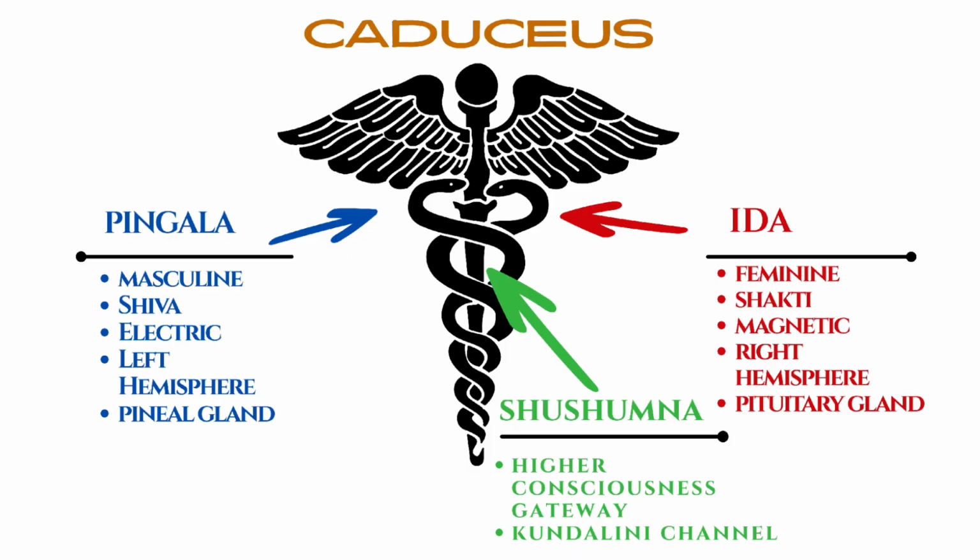Now, you'll often hear that the Ida and Pingala dance, or the dance of Kundalini rising up through your spine, is a sacred dance. It's sacred obviously because it's a huge process you're going through, but also because it's a dance, a balancing act of all of these energies to bring them into union and alignment.